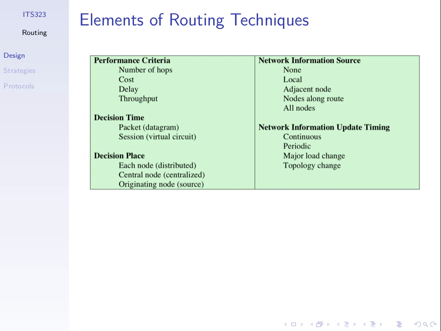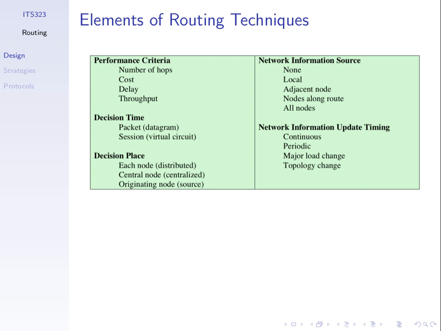It doesn't have to be performance metrics, it could be political metrics. For example, choose a path such that your traffic will not go through a country that you do not trust. Okay, so you need to send your packets from Thailand to the UK. There are different paths through the world. So if you have security requirements and you don't trust sending packets through a particular country, then choose a path that avoids that country. So routing can, in theory, do that as well.